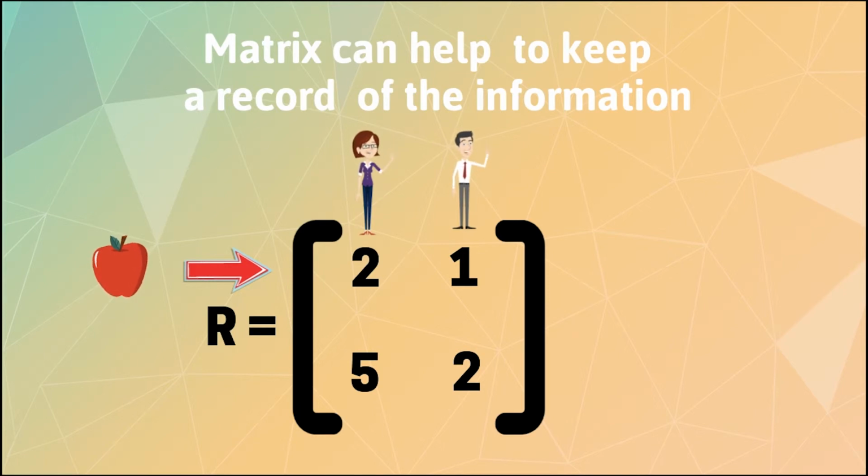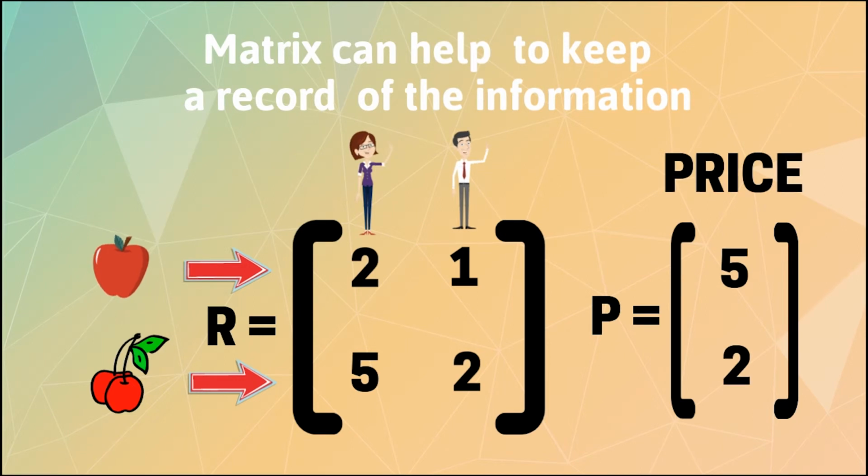The second row shows the number of cherries consumed by the woman and the man respectively. Further, the price of apples and cherries may be written as a price vector P, where the first row shows the price of apples and the second row shows the price of cherries.